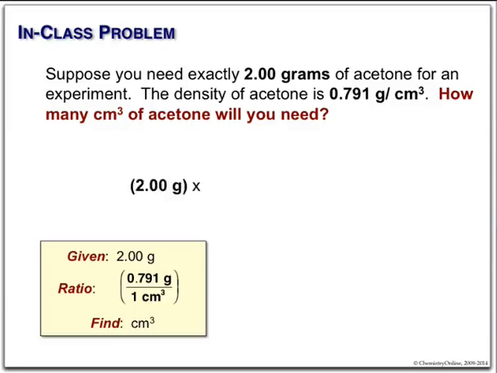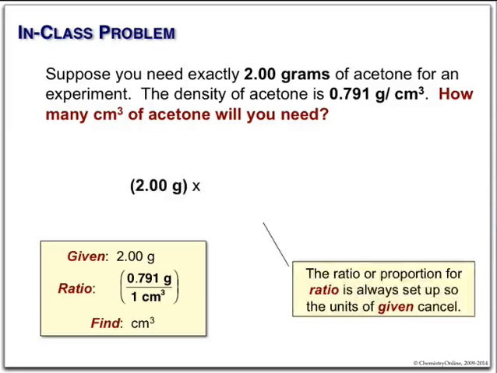Now, as we've written this, gram per cubic centimeter, gram is in the numerator, isn't it? But we're just going to flip it upside down, that's all. We can do that. When we flip this upside down, our grams will cancel, and we're left only with cubic centimeters.